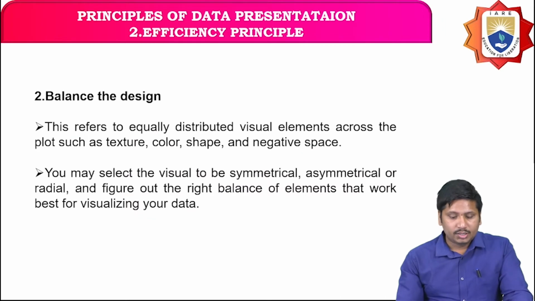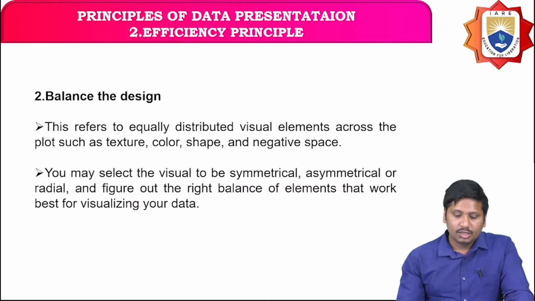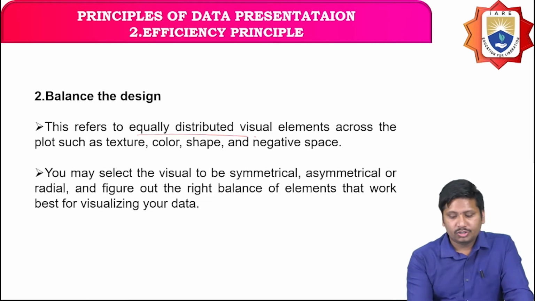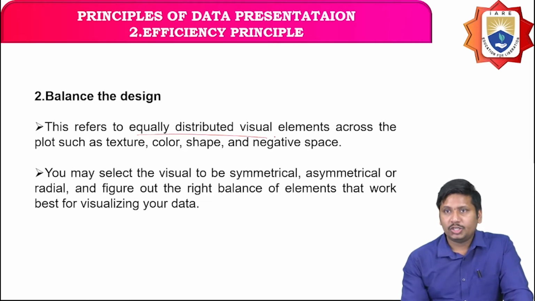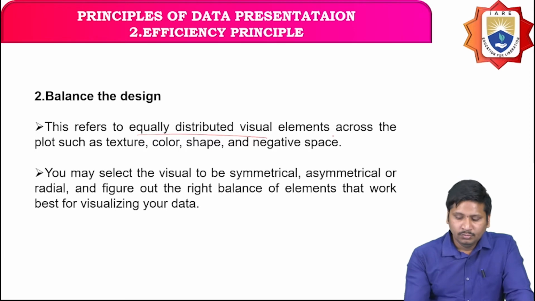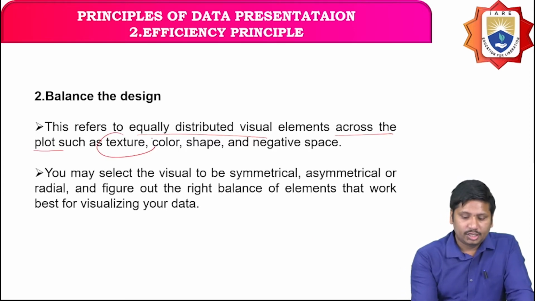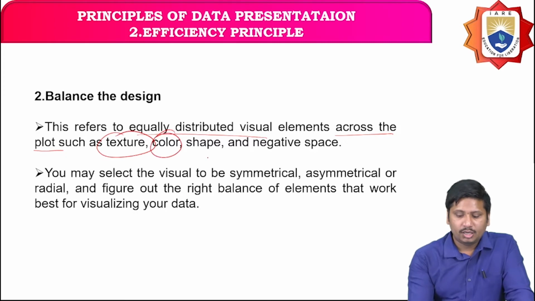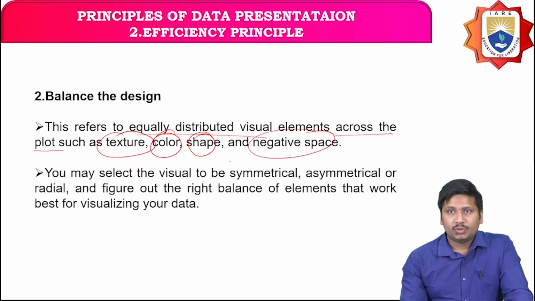And the second one is balance the design. Balancing the design refers to equally distributing visual elements across the plot, such as texture, color, shape, and avoiding negative space. That has to be identified and made balanced.